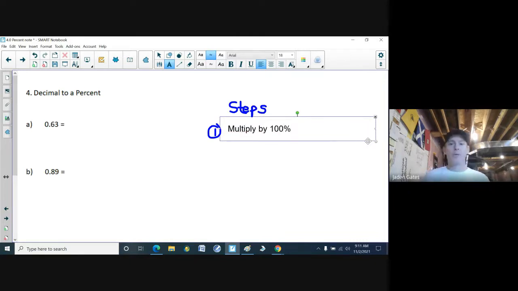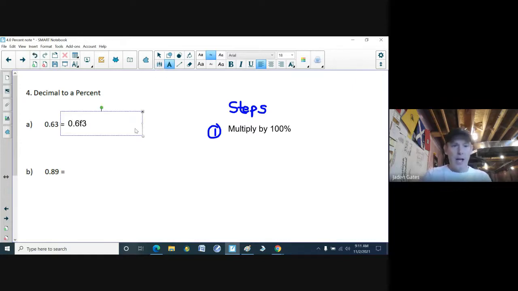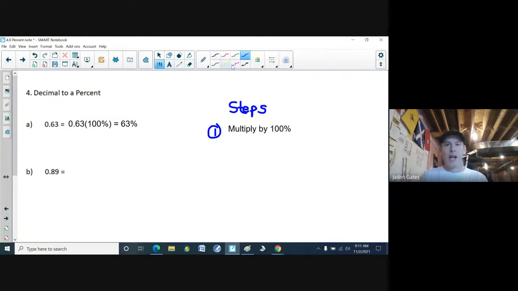Because we're converting it to a percent, we could say multiply it by 100%. So if I took my 0.63 and multiplied it by 100%, I end up with 63%. Okay, but we had two steps.